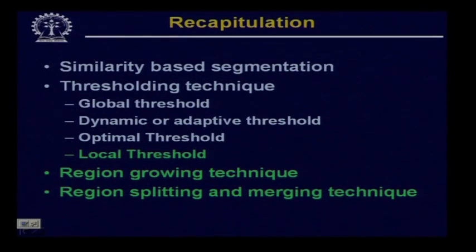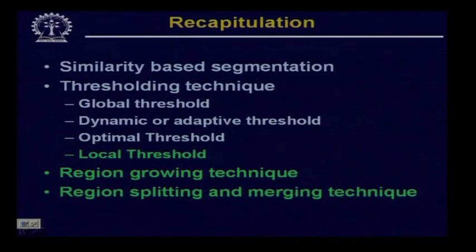There is another kind of thresholding operation, the local thresholding operation, which we will discuss today. We have said that local thresholding takes care of the neighborhood property, that is, the pixel intensity values in the neighborhood of a particular location x y. We will also discuss the other two similarity based segmentation techniques, the region growing technique and the region splitting and merging technique.